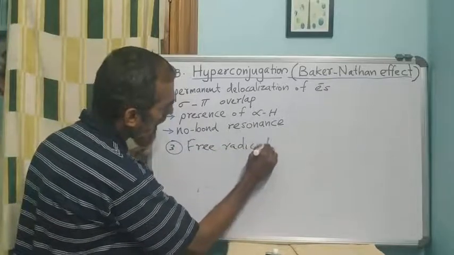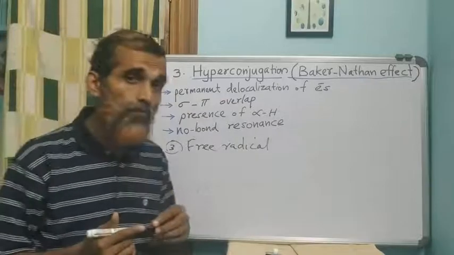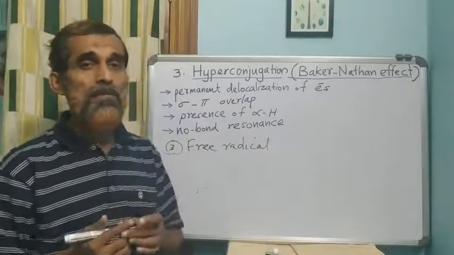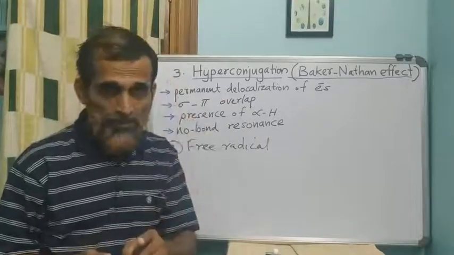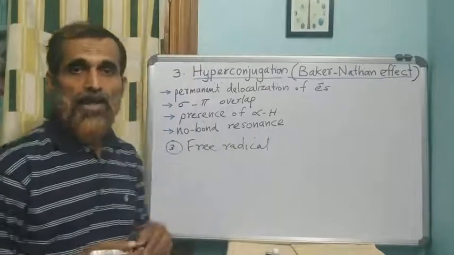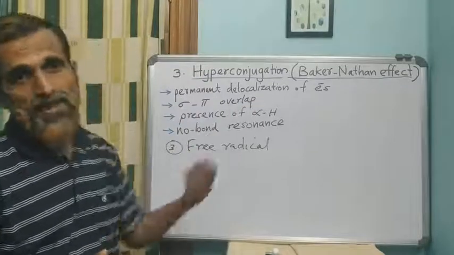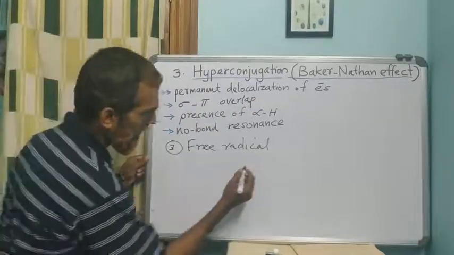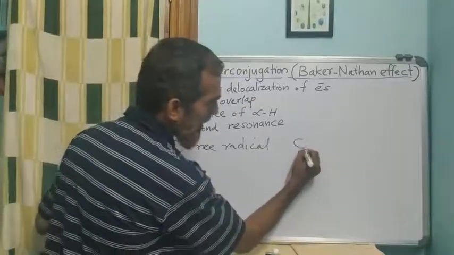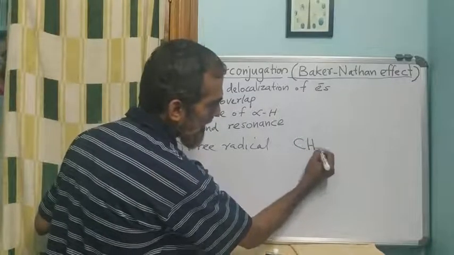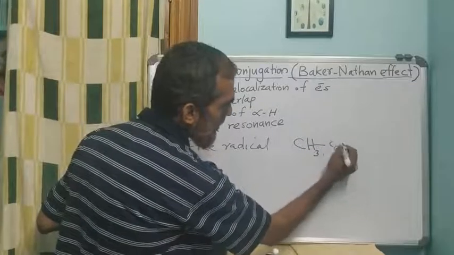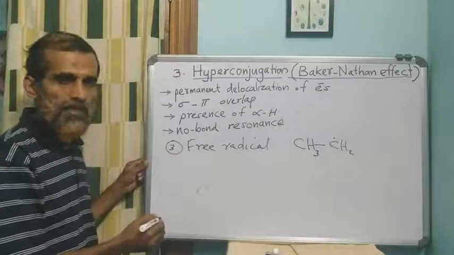Because in a free radical also there is a p orbital placed perpendicular, so that it can overlap laterally with an alpha hydrogen or with a nearby sigma bond. We can take the example again, ethyl radical, CH3CH2 dot.